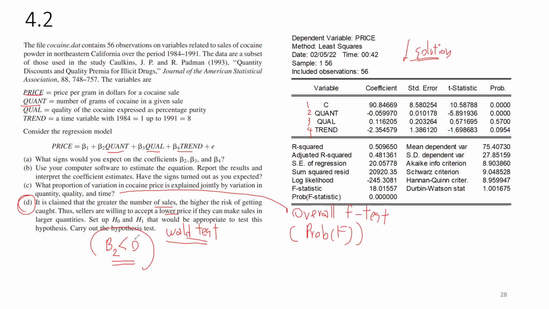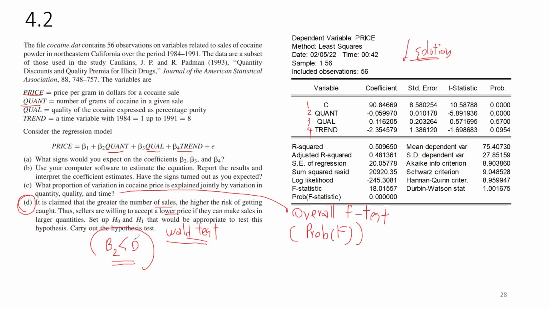Why? Because it rejects, look at the probability. You can see the probability. Yeah. So because we said H naught: beta 2 less than or equal to 0, versus H1: beta 2 greater than 0. And the Wald test said that it goes to H1.